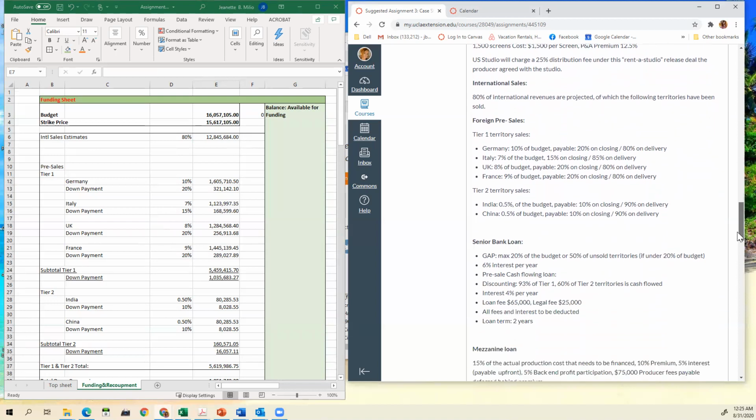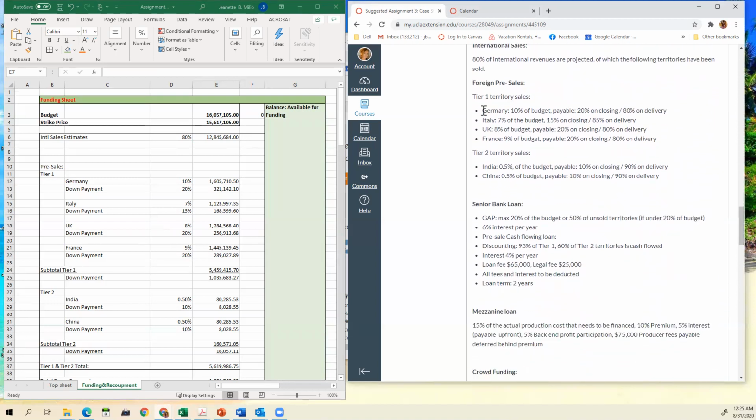But let's look at our foreign pre-sales. We have Germany for 10% of the budget, and 20% of this is our down payment. Italy, 7% of the budget, 15% is our down payment.